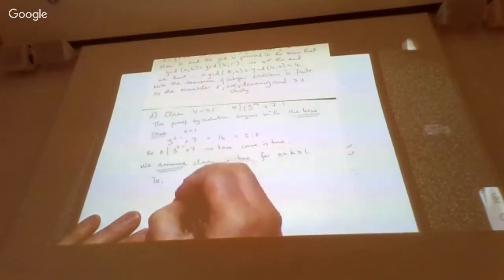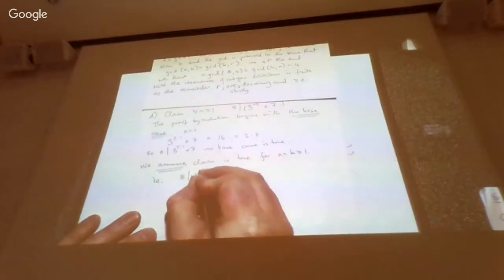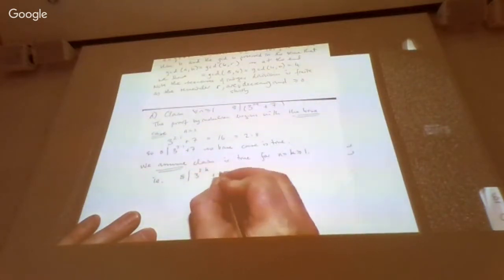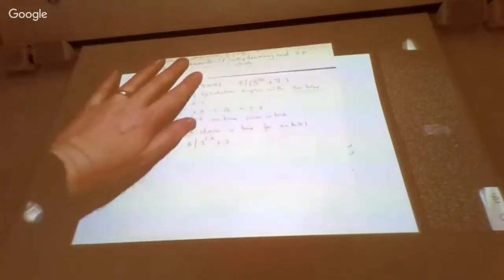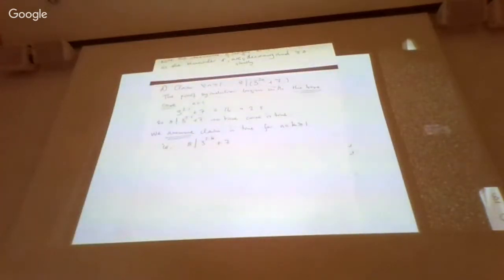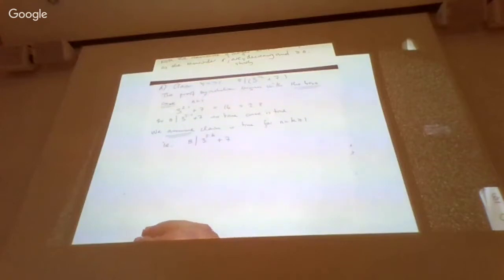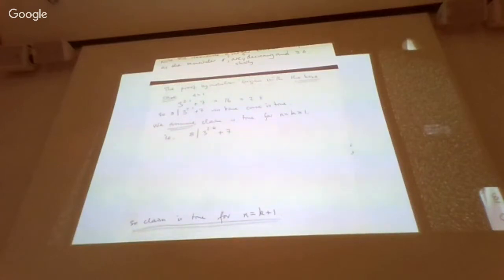That means 8 divides 3 to the power 2k plus 7. Now we're trying to conclude that the claim is true for the next value, n equals k plus 1. That's the structure of the induction proof, and you should know that ahead of time. That's basically the structure you're trying to fill out.